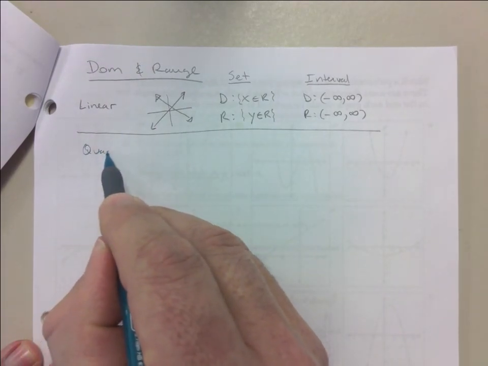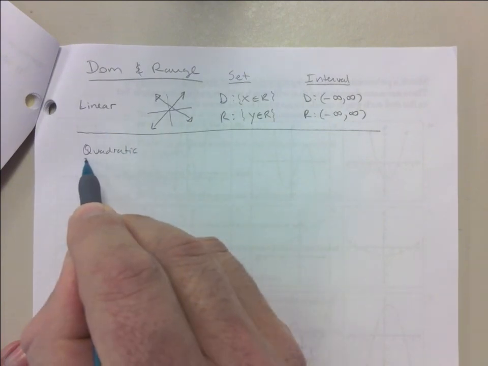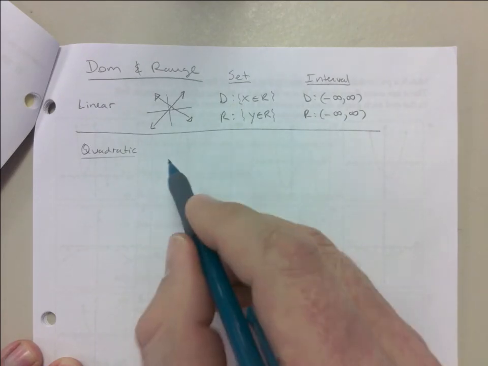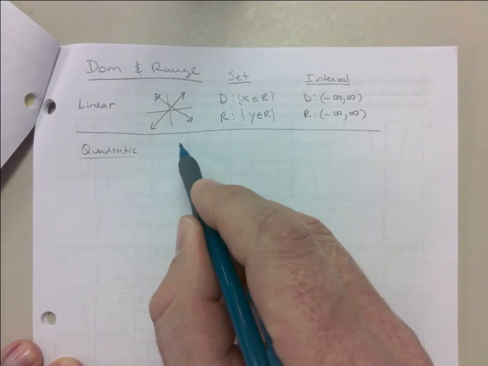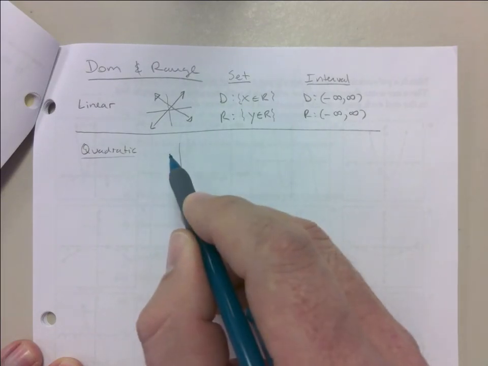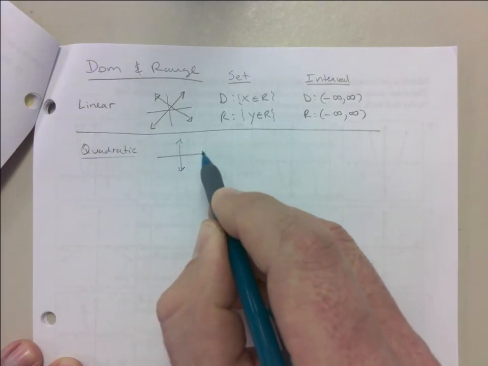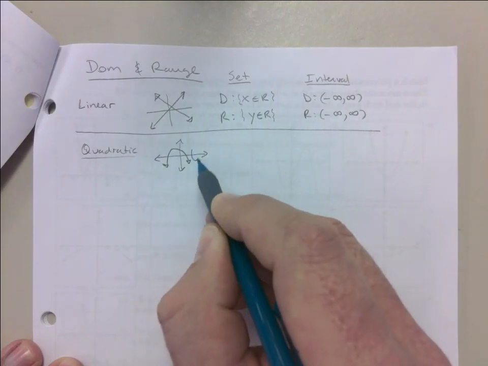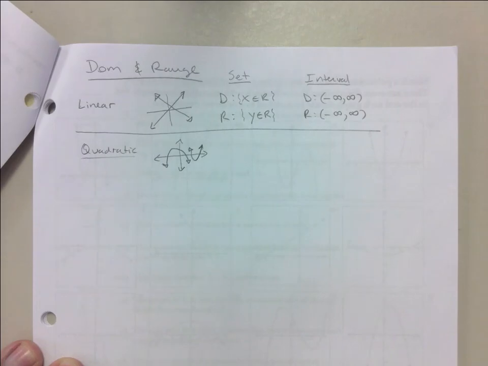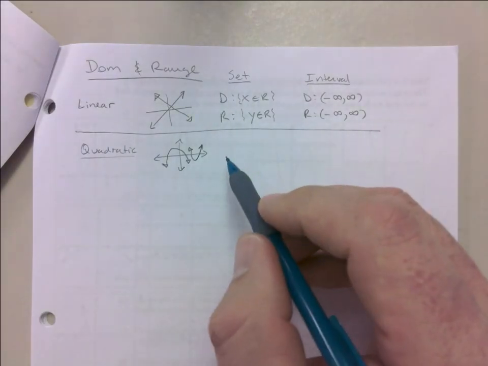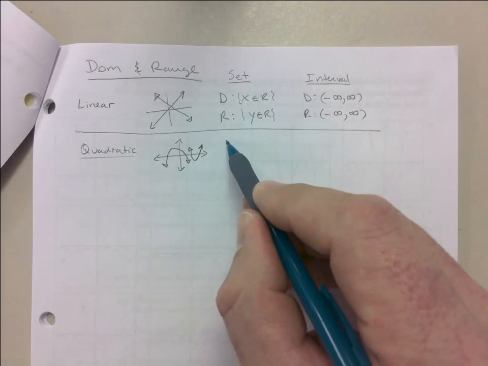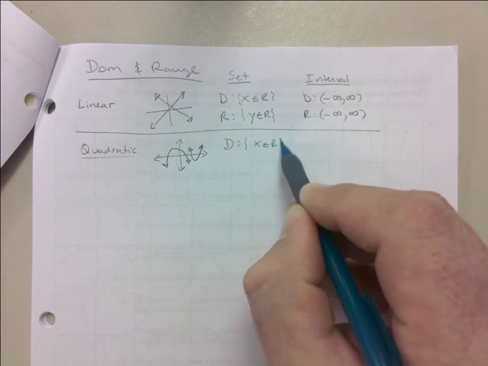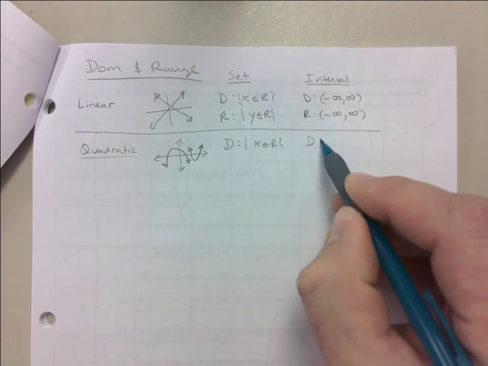Quadratic. There you have to make a distinction. Okay, it goes like that or like that. The domain is also all real numbers because it just keeps on opening up indefinitely.